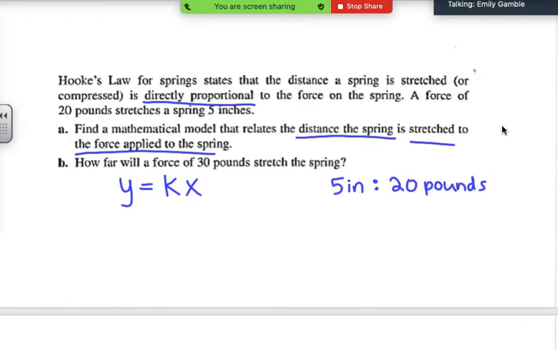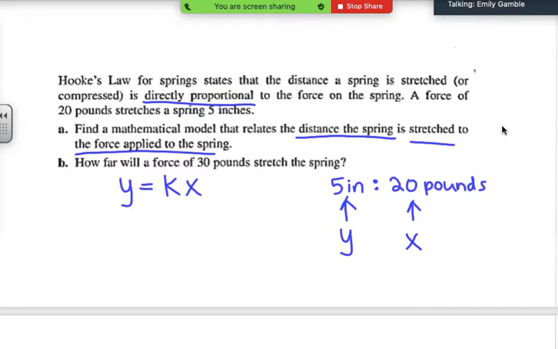So if we are trying to relate the distance a spring is stretched to the force, that means that this first thing would be y, and this second thing would be x. So when they say relating something to something else, the first thing that they give you is going to be the y, because that's going to be affected by x.